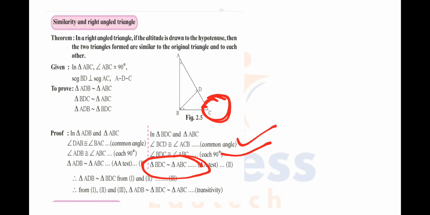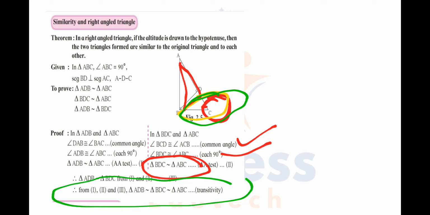From 1 and 2, we get triangle ADB is similar to BDC. So from 1 and 2, by the property of transitivity, all the three triangles are similar to each other.